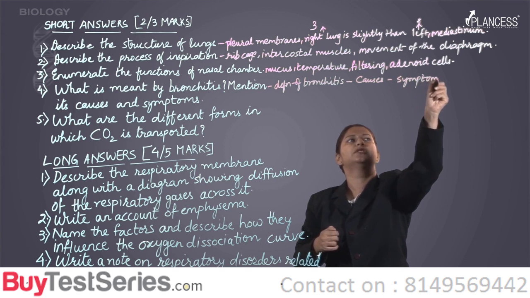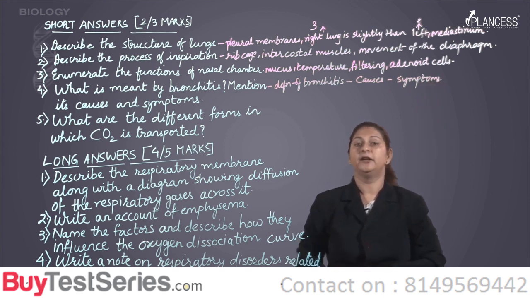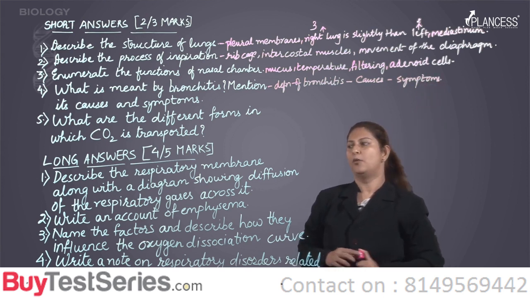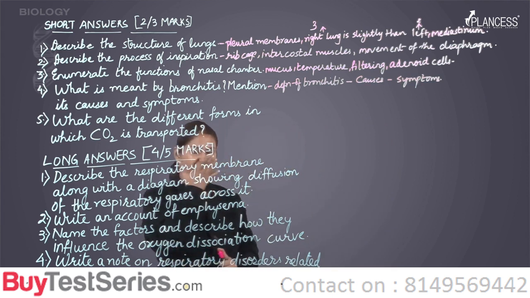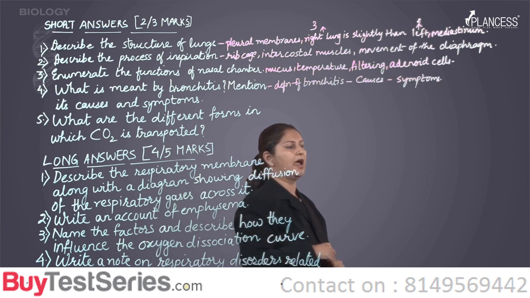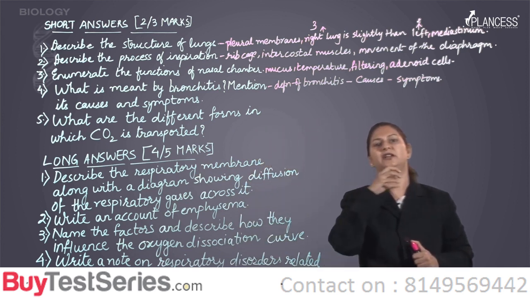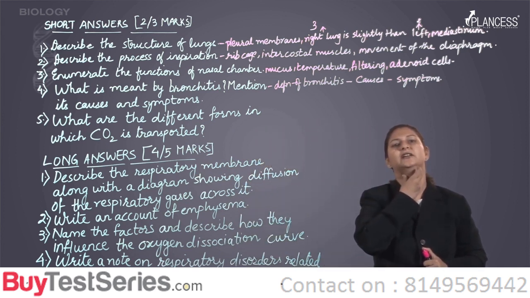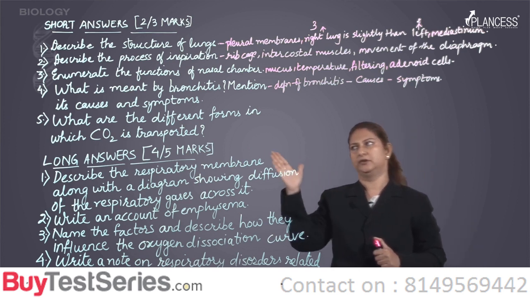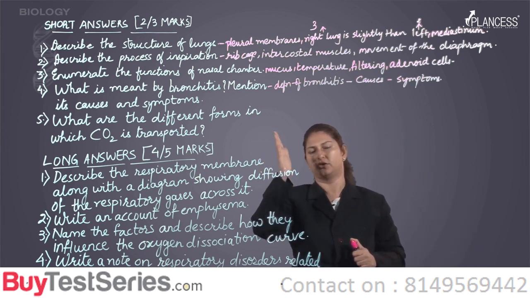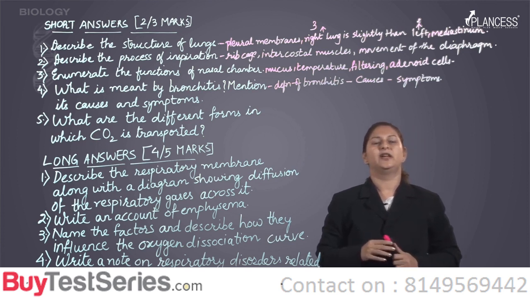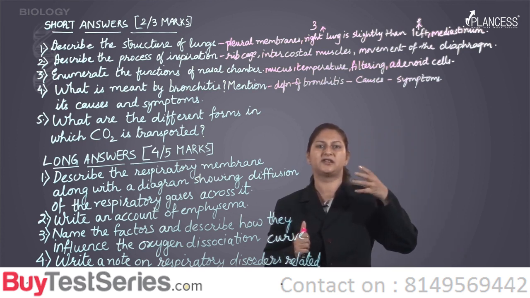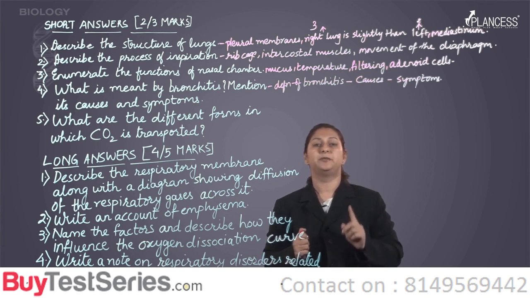Now causes, what causes bronchitis? We had discussed that there are various causes, one being it could be caused by a pathogen, it could be caused by pollution, and this causes inflammation of the inner lining of the bronchioles or bronchi. They are affected and they start undergoing hyperplasia and hypertrophy.